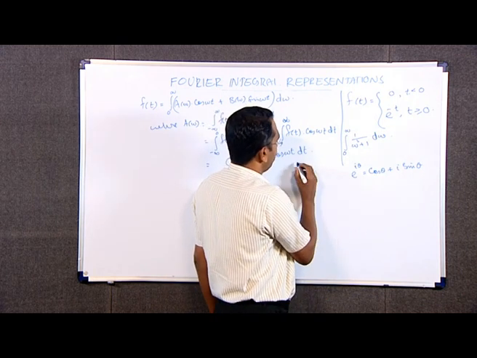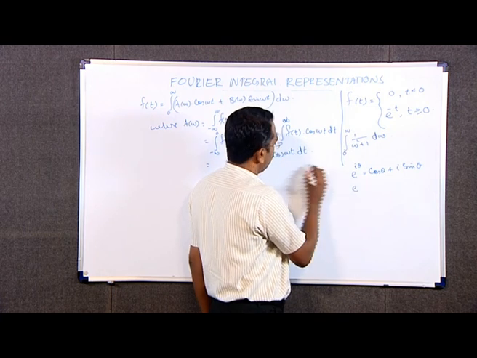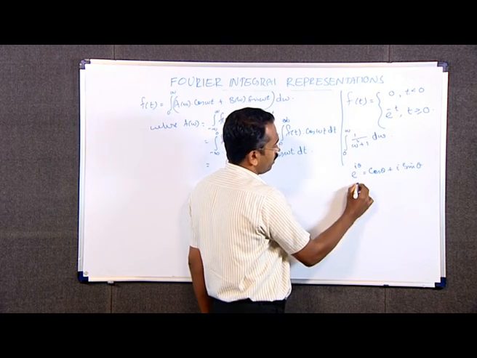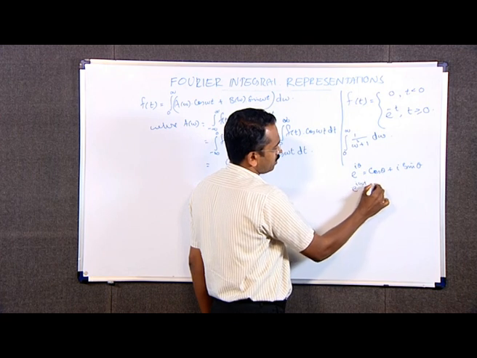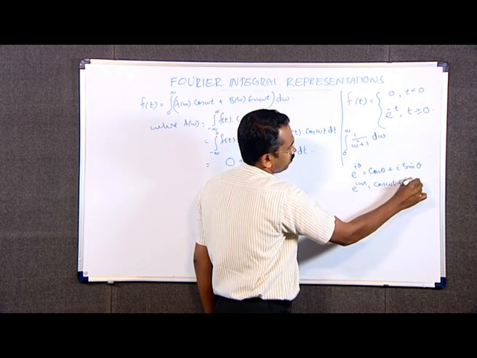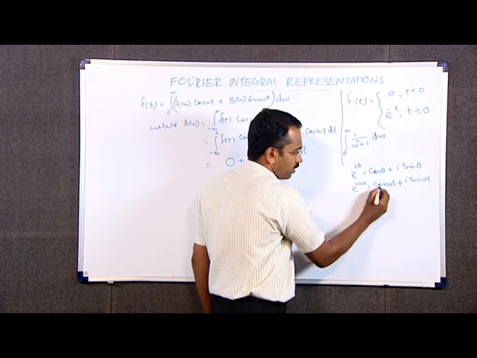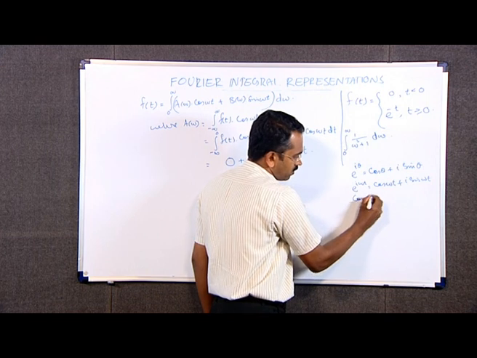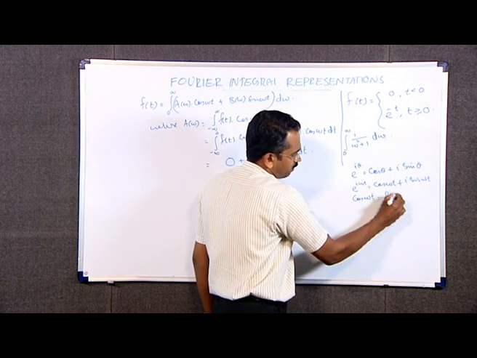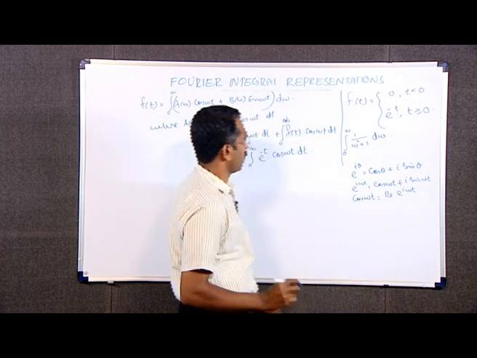Therefore, we can write e raised to i omega t as cos omega t plus i into sin omega t. Now, cos omega t means the real part of e raised to i omega t.